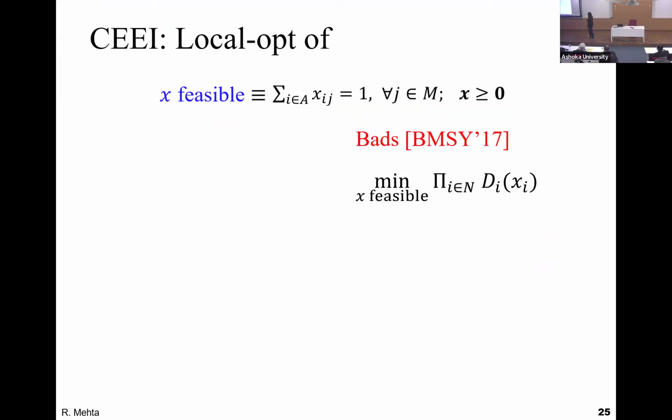Now, this paper by Bogomolnaia et al. said that if you minimize the product of the disutilities over this feasible set, and consider the local optima of this mathematical program, that will give you the competitive equilibrium.